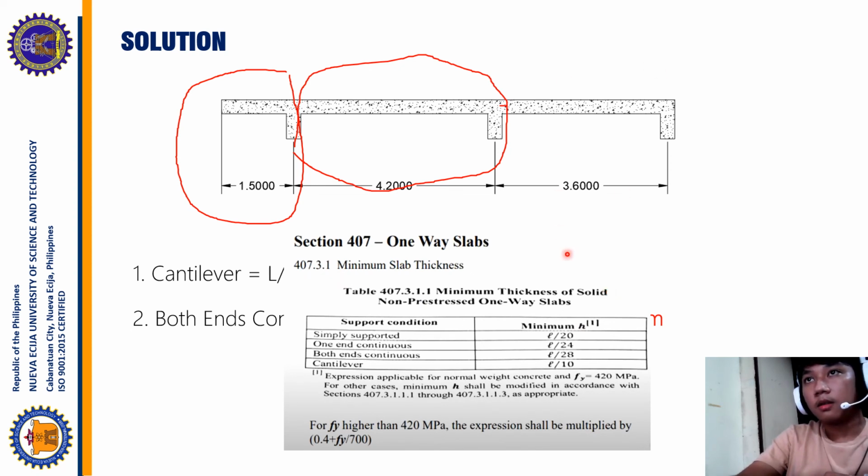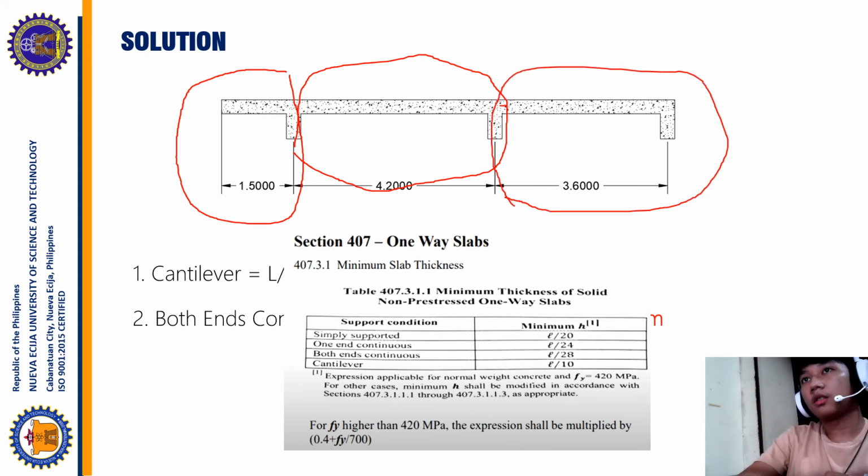So lastly, we can see here in this structure that only one end is continuous. So therefore, we can say that the minimum thickness of that slab is L over 24.